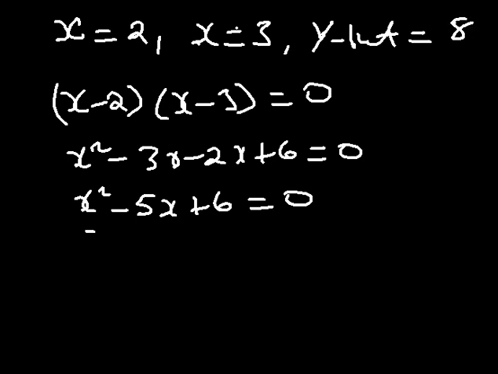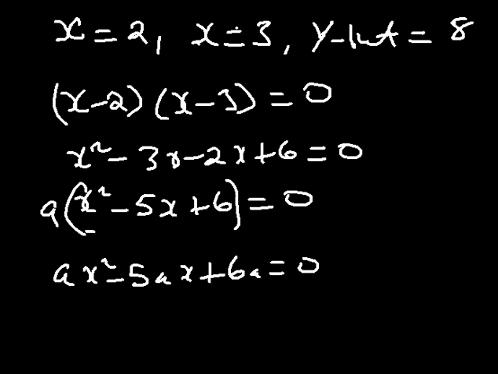Now, what is the principle behind this, if you can remember? We have to multiply this by a constant, let's say a. We have ax squared minus 5ax plus 6a equals 0. Then we have to equate this to the given y-intercept.